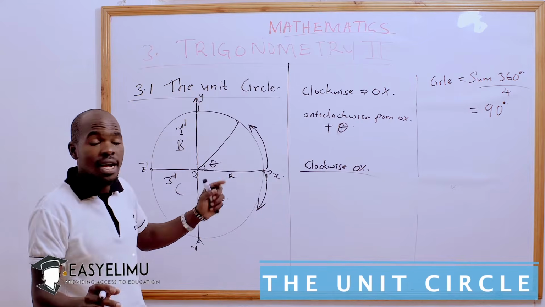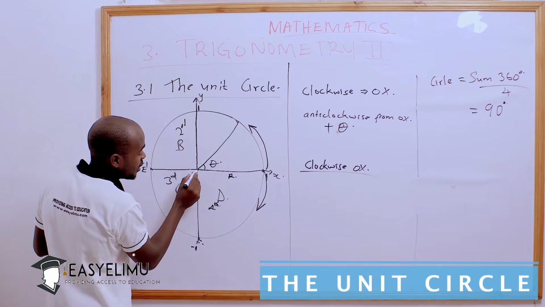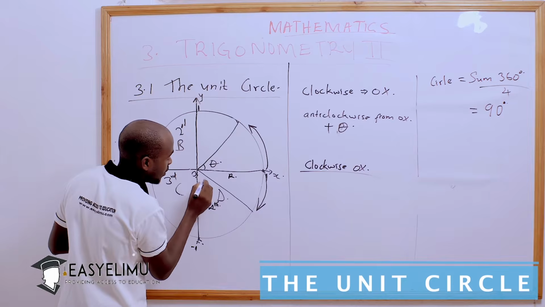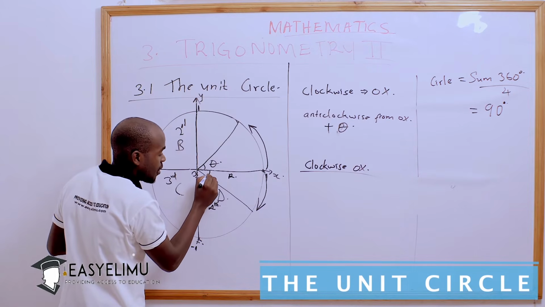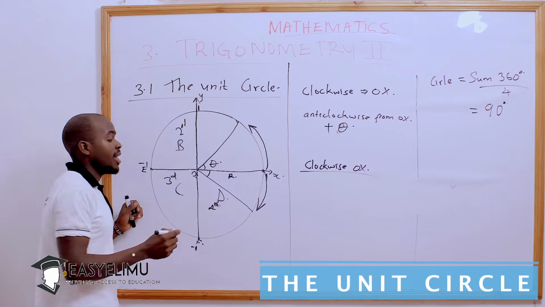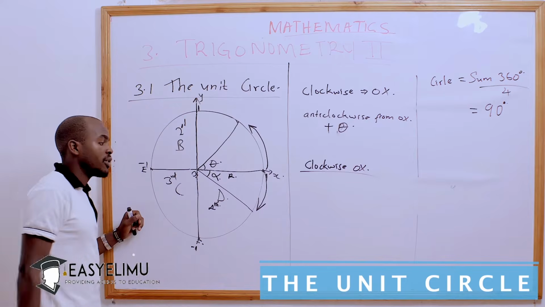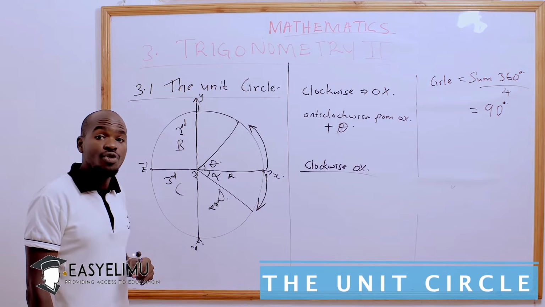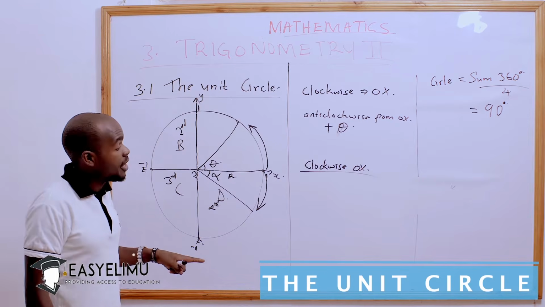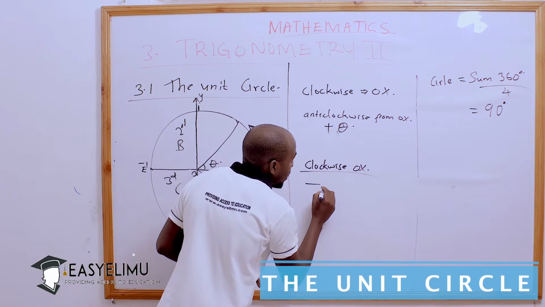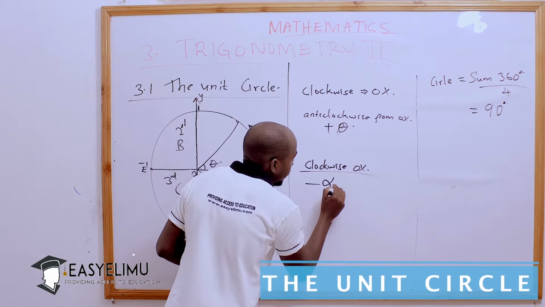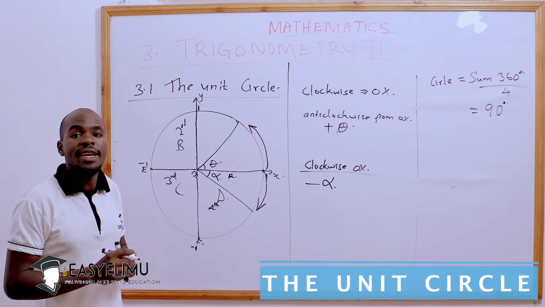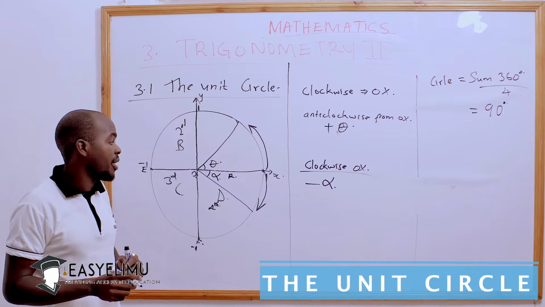For example, you measure with reference to x and you find the angle from this direction up to this point, and you find that angle, for example, is alpha. Then we can say you measured in the negative direction, so the angle will be regarded as negative alpha, meaning that you measured it clockwise.